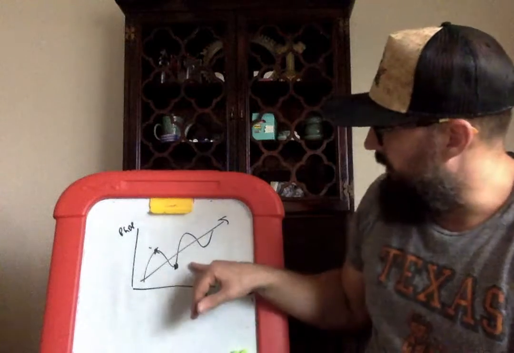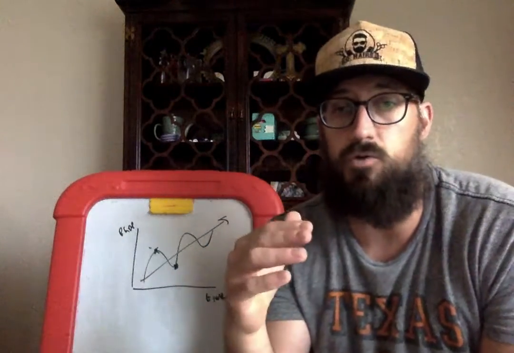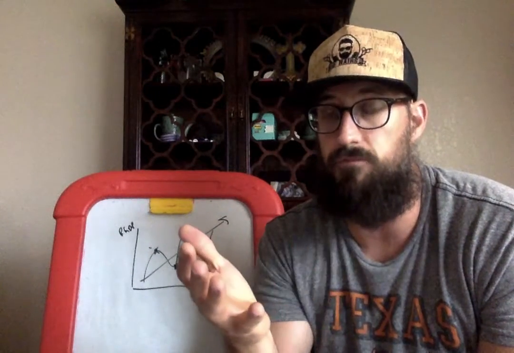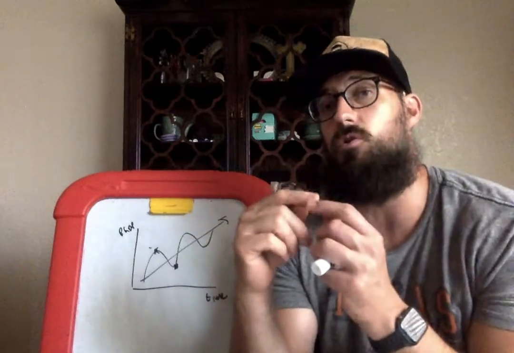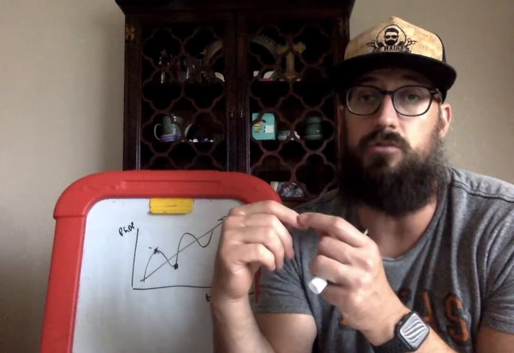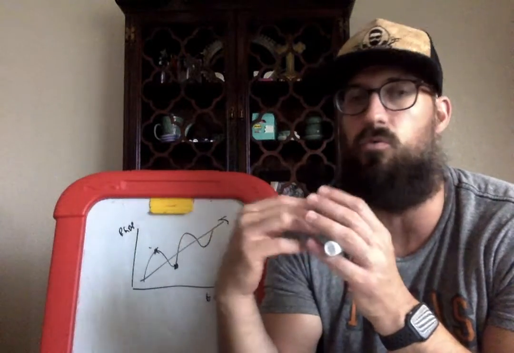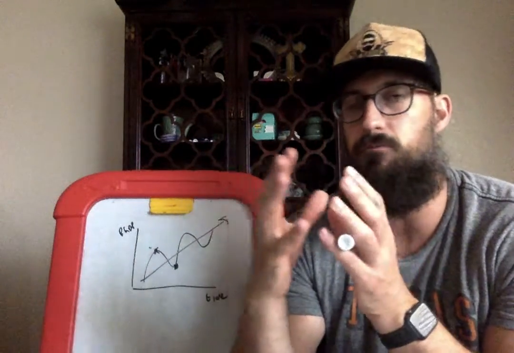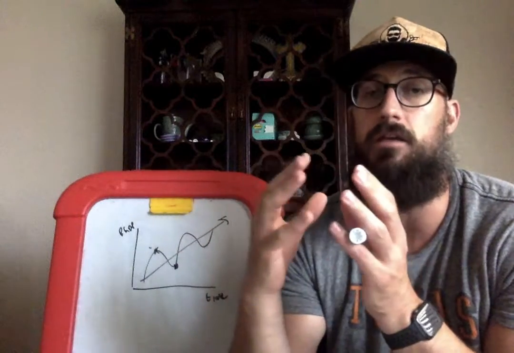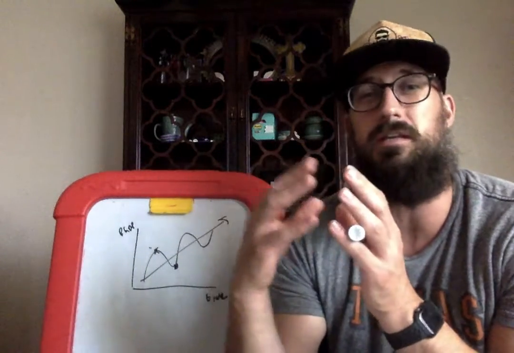Now, if we're in a trough and we want to get out of that trough, what the Federal Reserve could do is decrease the reserve requirement, making loans easier for people to make, because now the banks have more supply of money, so they can make more loans.